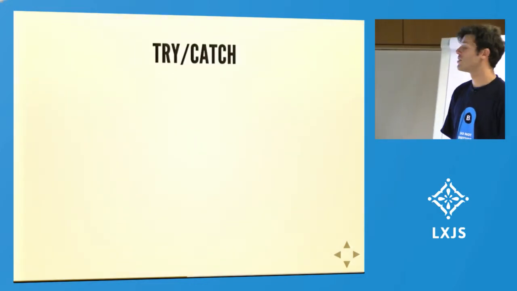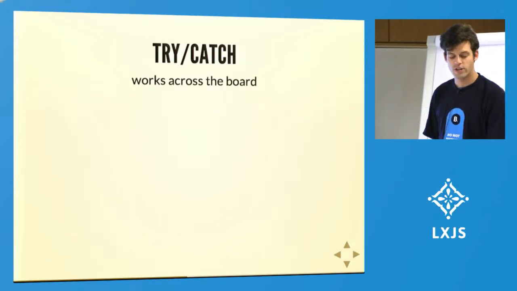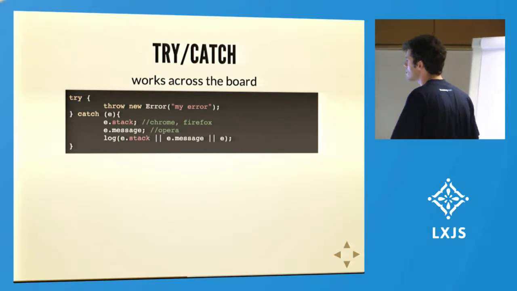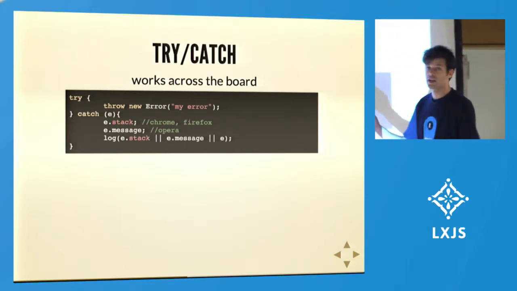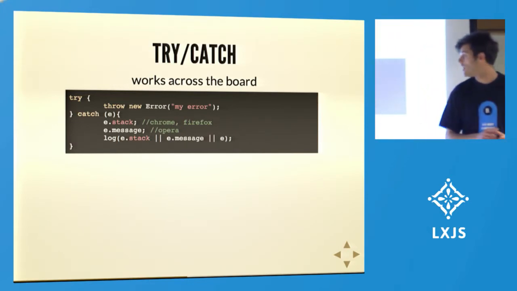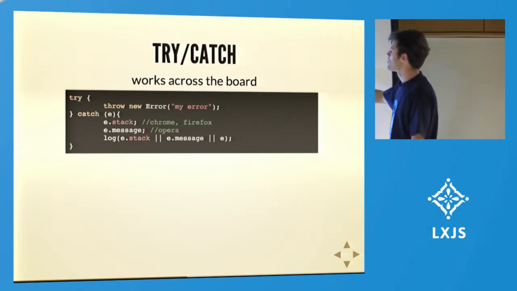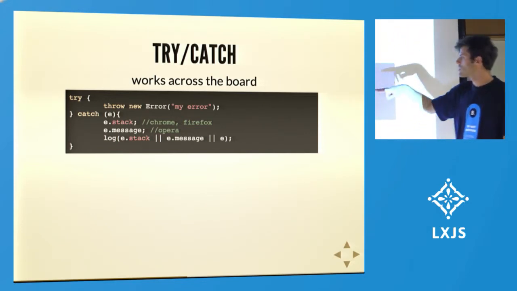Then you have the try-catch, which also works across the board, and it's very interesting because you can get a stack trace in some browsers. Chrome and Firefox have stack trace.